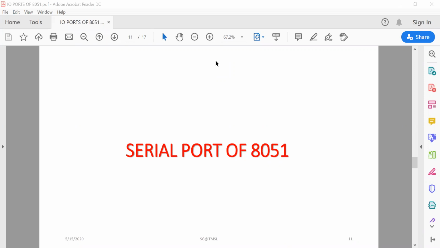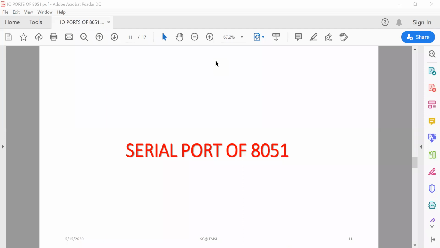For example, if the signal makes a transition every 5 milliseconds, then the baud rate is 1 by 5 milliseconds, which is equivalent to 200 baud.